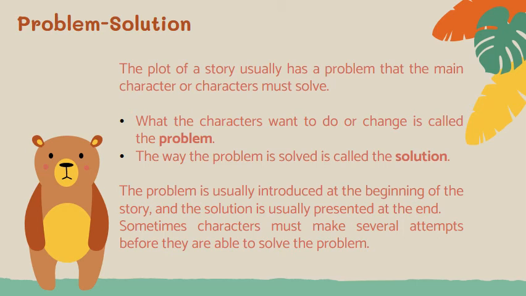The way the characters are trying to solve the problem is called the solution. The problem is usually introduced at the beginning of the story, and the solution is usually presented at the end. Sometimes characters must make several attempts, several trials, to try different ways before they are able to solve the problem.